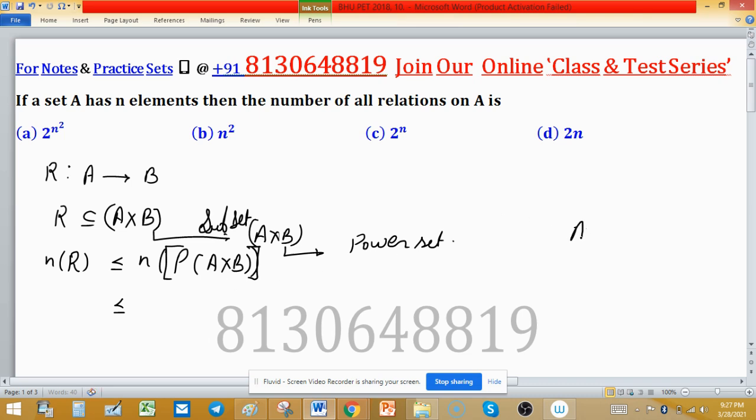If a set A contains n elements, then its power set will have 2 raised to the power n elements.